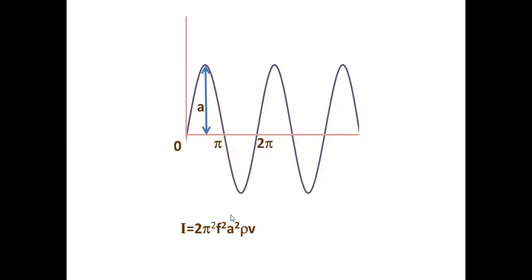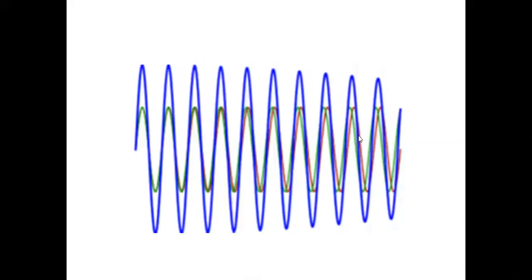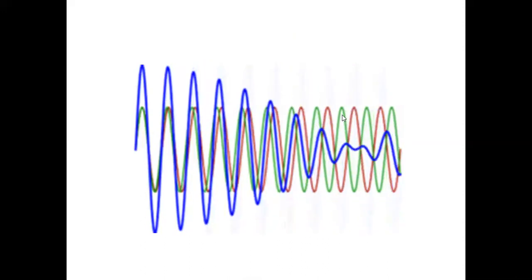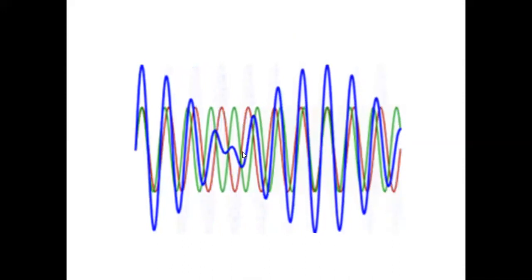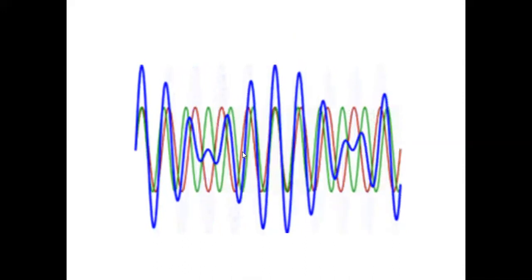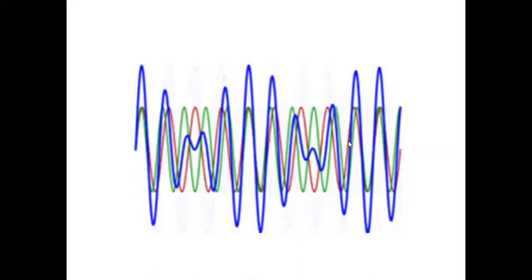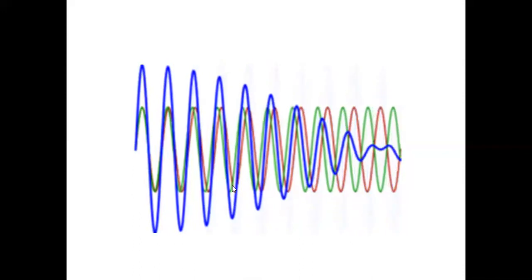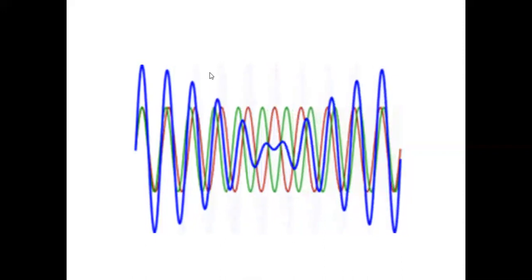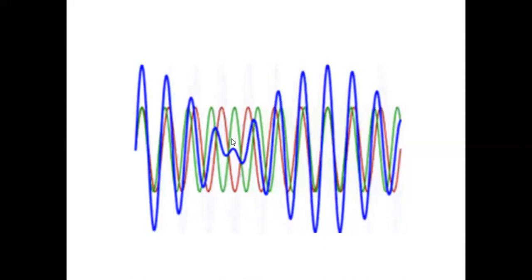Why, sir? Because you know that when two waves superpose on each other, green and red, when the crest falls on trough, the amplitude of the wave is 0, 180-degree superposition. When the crest falls on crest, trough falls on trough, 0-degree phase difference, maximum wave is produced, amplitude will be maximum.